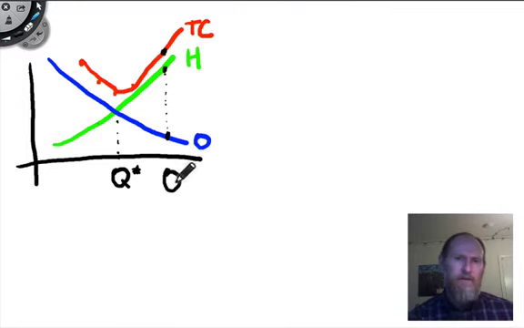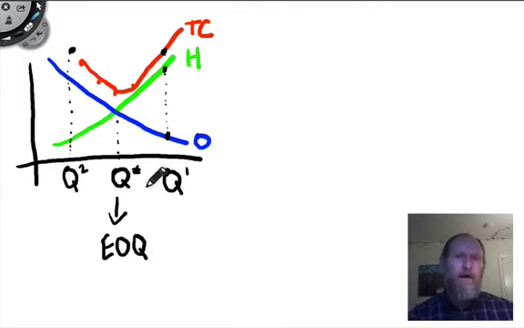And this would just be a Q. Conversely, if we go over here and go up to this total cost point, we would have holding costs much lower than ordering costs. And this is another point Q. We could just call this Q1, Q2. It doesn't really matter. They're not this point, which is Q asterisk, which is EOQ.